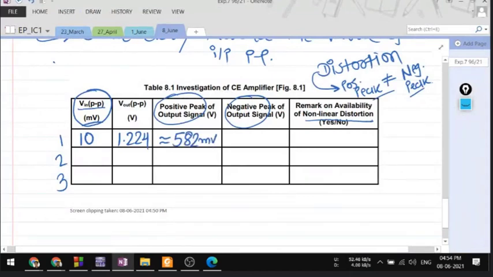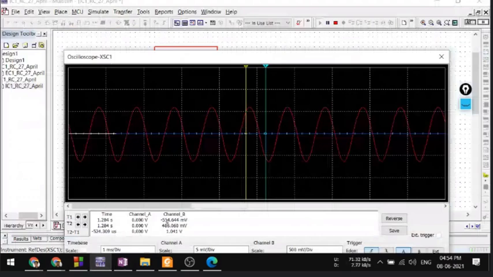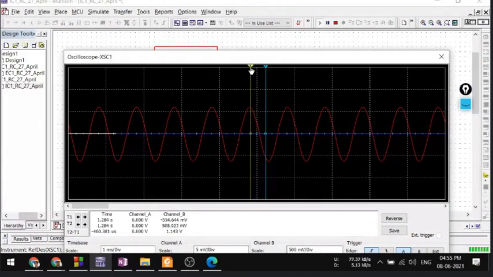And the negative peak is minus 555. Oh, this is changed. This is the positive peak and this is the negative peak, right? So the negative peak is 628.5, that is 629, and the positive peak is 591, or 592. So 1.220.